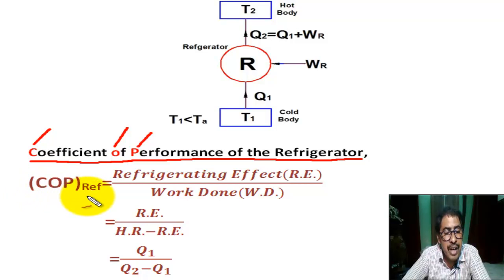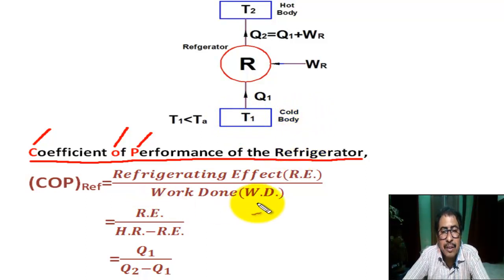COP of refrigerator equals refrigerating effect RE by work done WD, that means WR. Here refrigerating effect RE means heat extracted or removed from the refrigerating space or cold body.